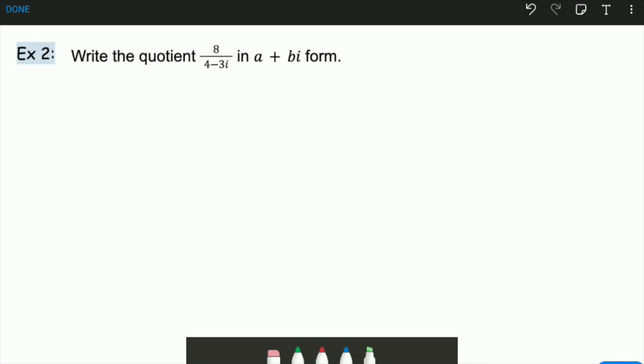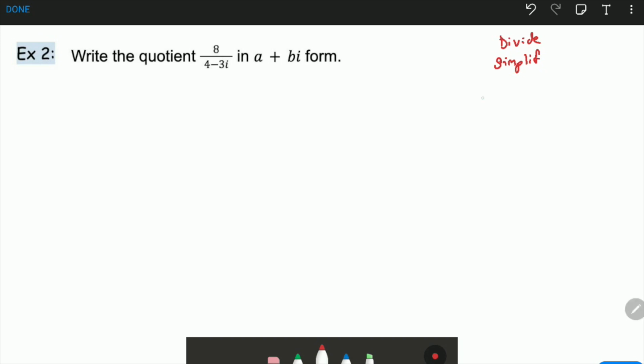In this example, we're asked to write the quotient 8 divided by the difference of 4 and 3i in a plus bi form. This is basically division of complex numbers, and you may also see it referred to as simplify. To simplify a division of complex numbers, it's defined a little differently than normal division.